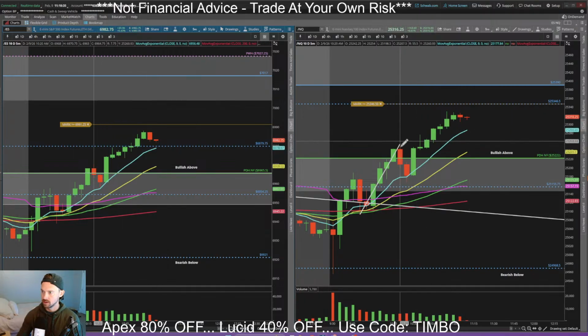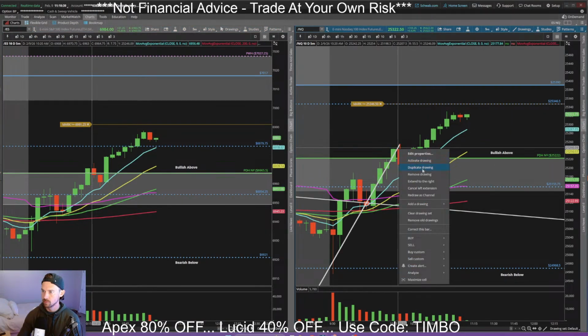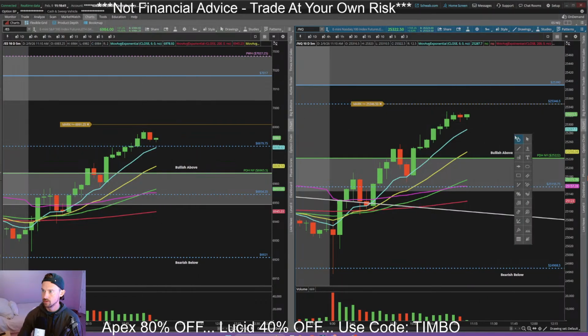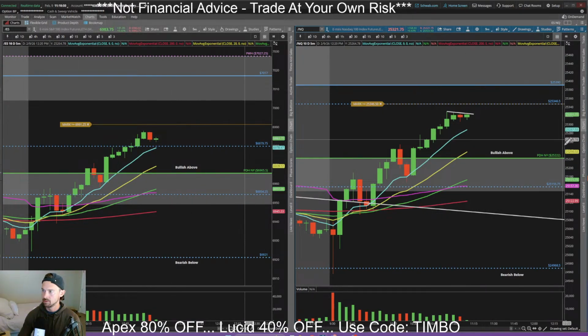Not much to do right now at the moment for me. Kind of have a little consolidation flag type thing on NQ.